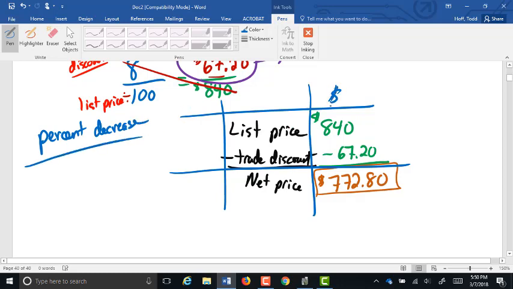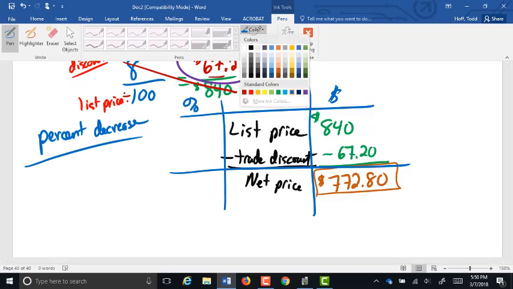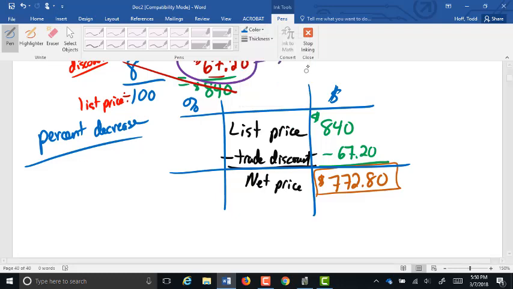So we have the dollar amounts we filled in here, the 840, the 67.20, and the 772.80. Let's look at the percents. That list price is 100%. That's what we started out with. We subtracted a trade discount of 8%. The net price has to be 92%.